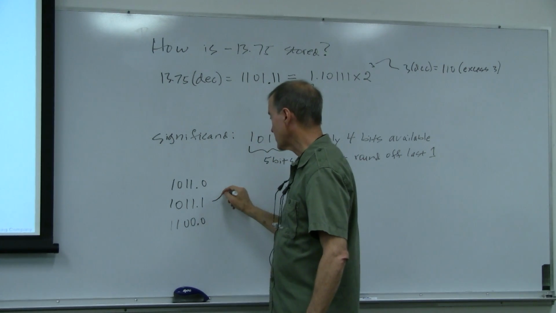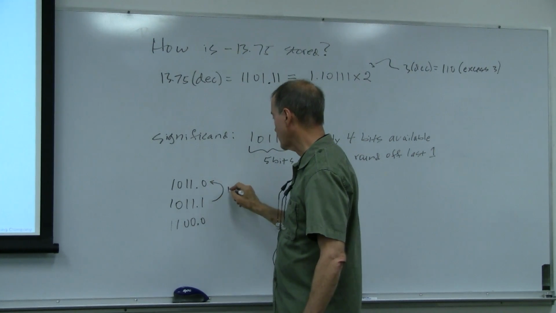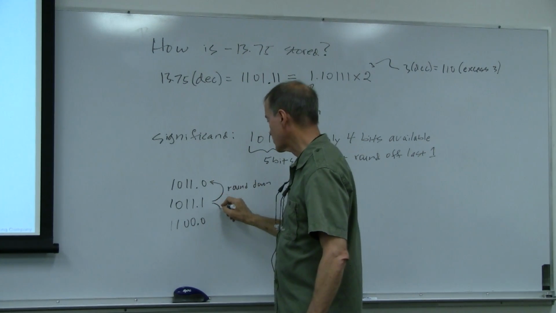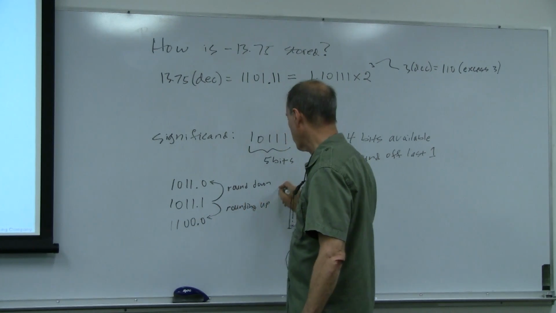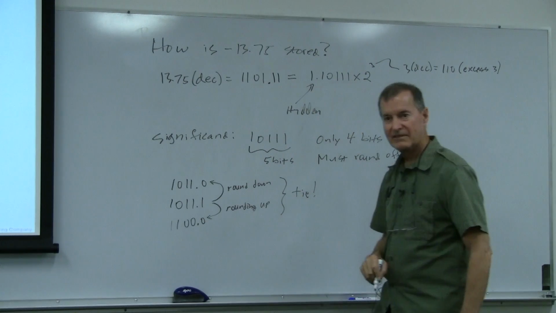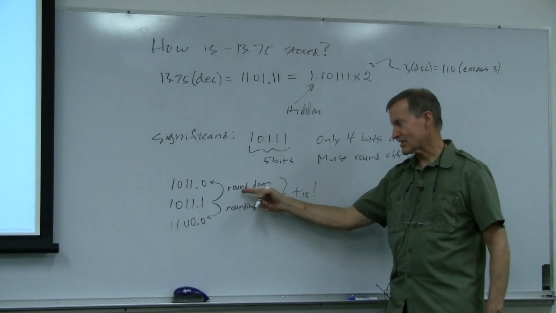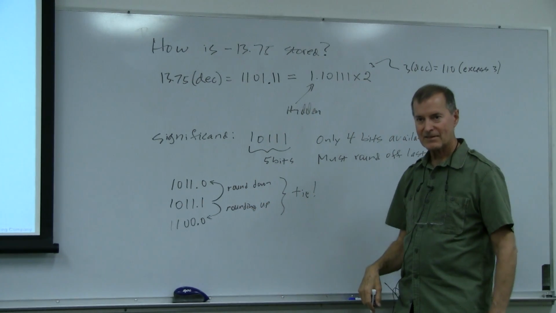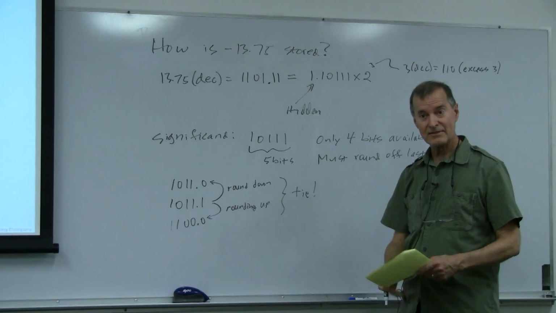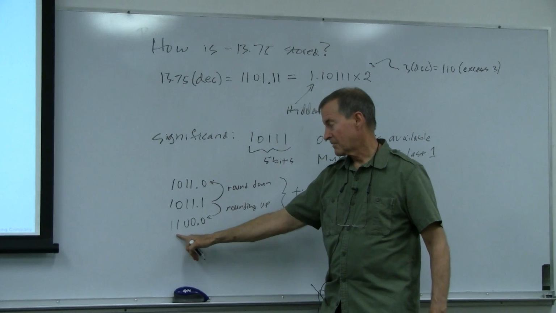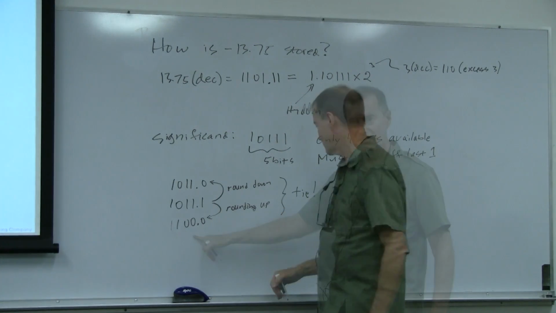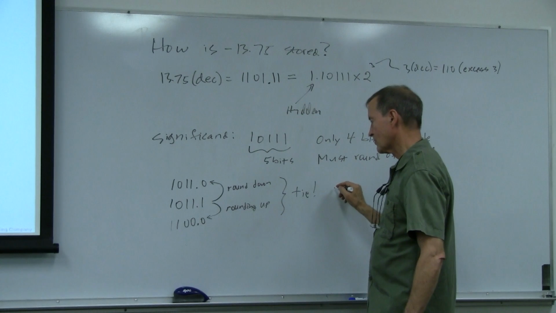So this one is rounding down, and this one is rounding up. And it's a tie, just as close to this as to this. So ties go to even. Which one is even? 1100. So the tie goes to 1100.